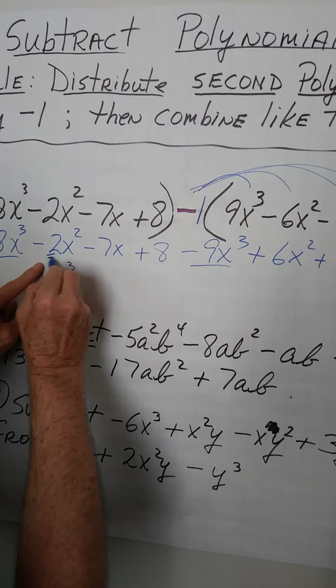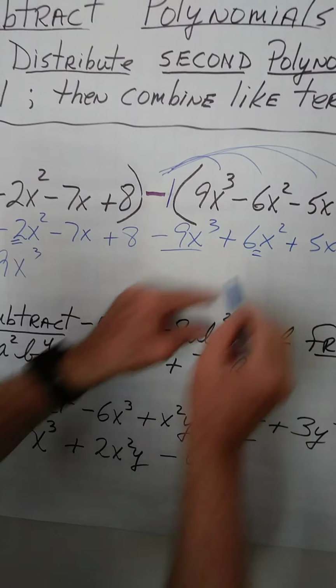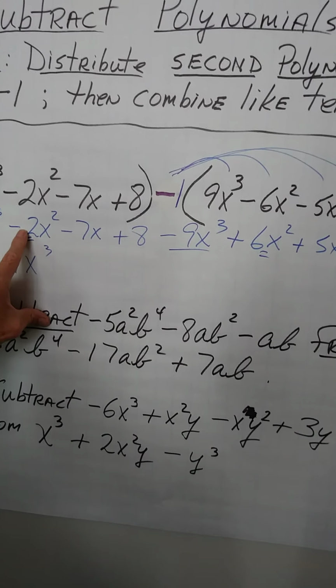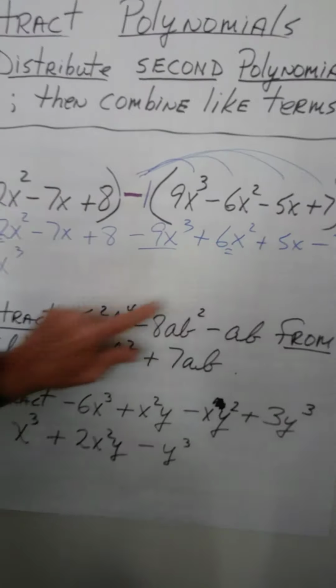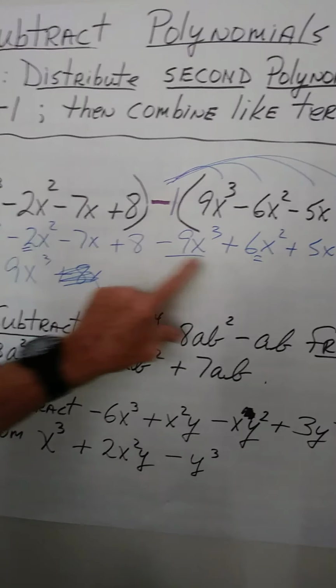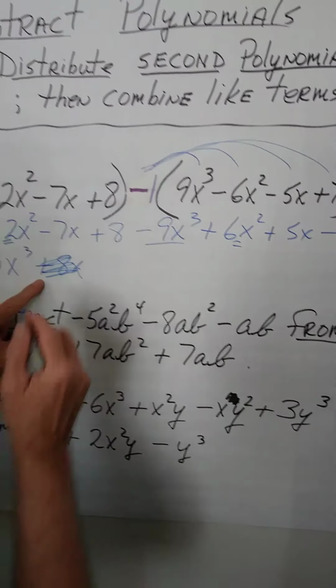Let me just kind of underline them twice and underline them twice there. Add coefficients only. Negative 2 added with a positive 6, a positive 4x squared. Sorry.